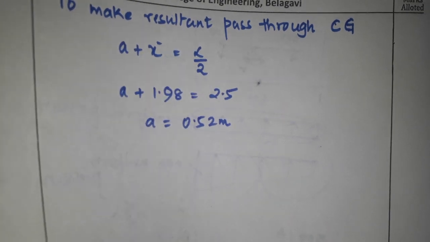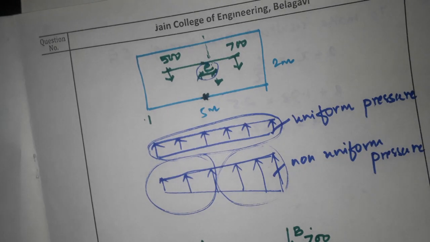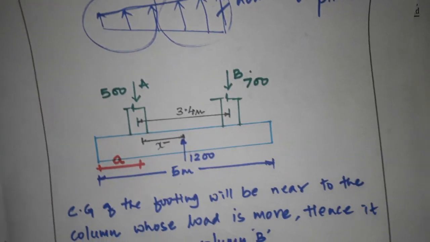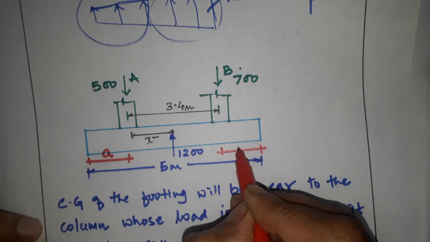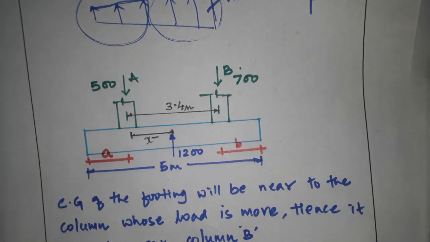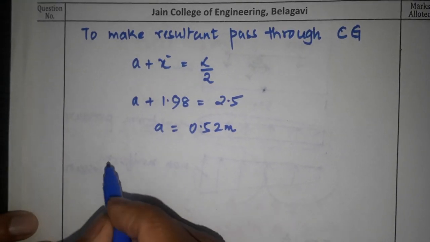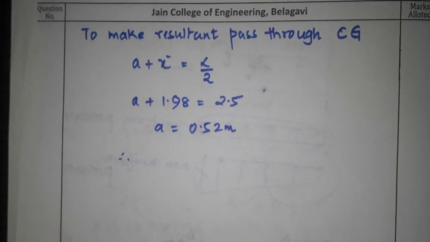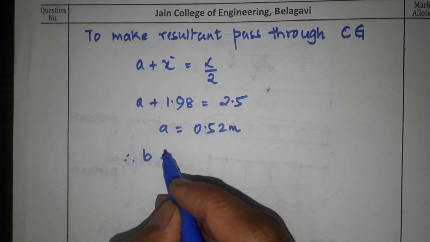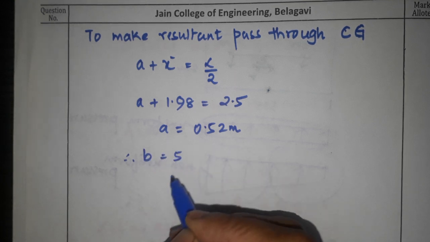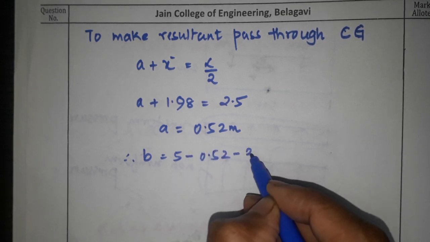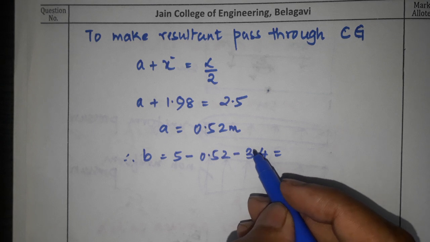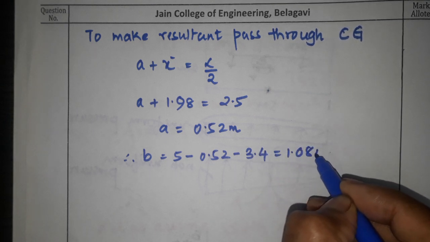Then offset B. This is offset B, from the center of column B to the end of the footing. Therefore, B is equal to total length minus 0.52 minus 3.4, so we will get 1.08 meter.